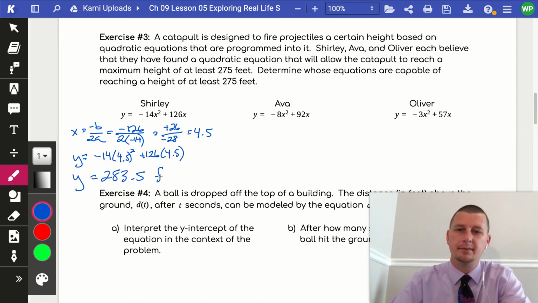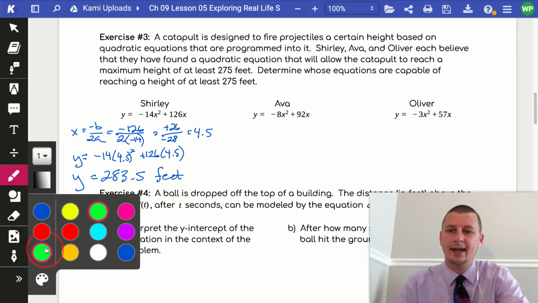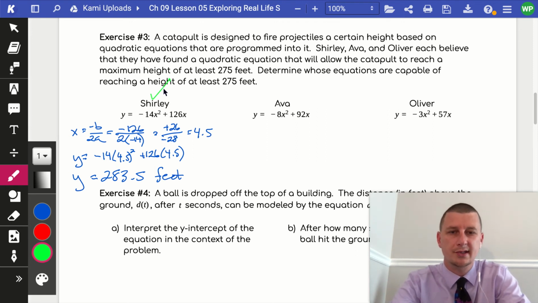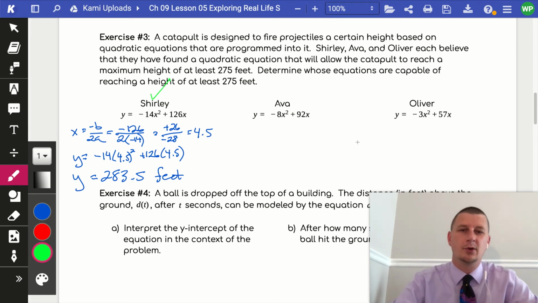And that's going to be feet. Now, is that at least 275 feet? The answer is yes. 283.5 feet is at least 275 feet. So Shirley's equation works.